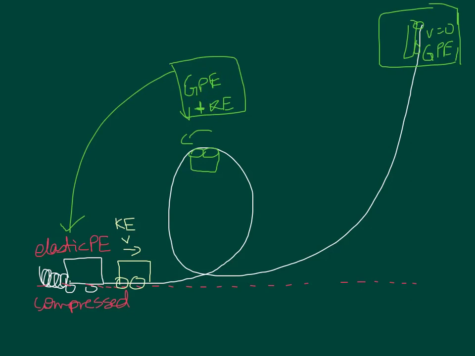If we were to take our little car and put it here, this would be the same situation as what we had right there, because we're still moving, so we're going up the ramp, so we have kinetic energy, and we're above the ground, we have a height here, and so we have gravitational potential energy. And again, all of those together are all the same number.